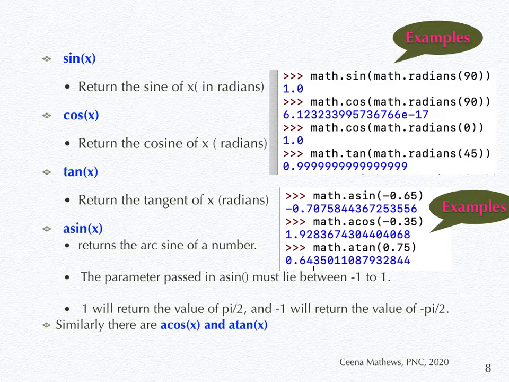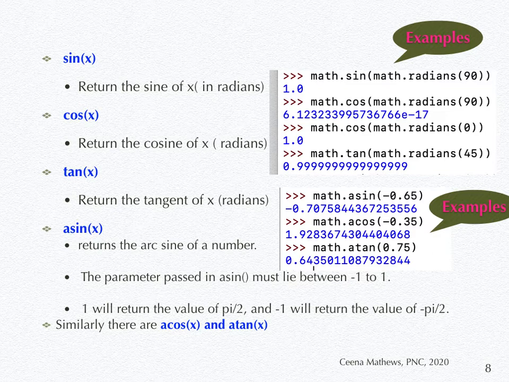Next is the cos function. It returns the cosine of x. Again, x should be in radians. So here also in this example, math.cos of, instead of directly giving 90 degrees, we convert the 90 degrees to radians using the math.radians function, and the result is displayed.